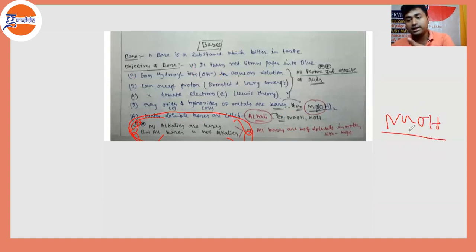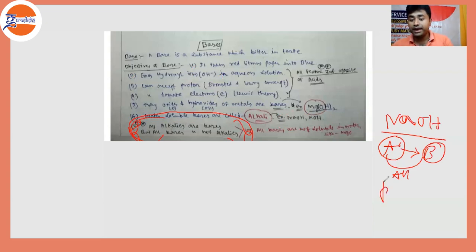this is why it is called an alkali, because it's a water soluble base. Okay, so definitely the one which is an alkali has to be a base. That means all alkalis have to be bases.